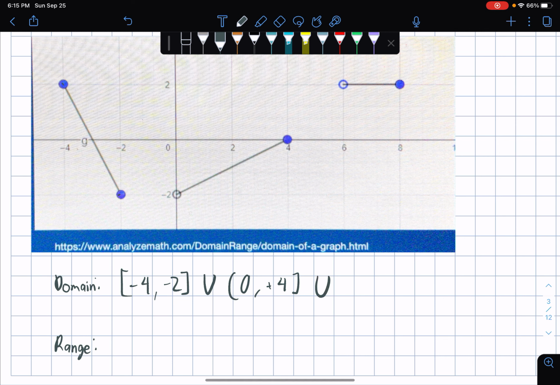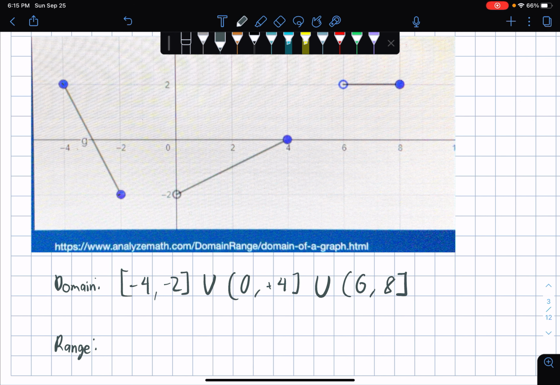And we also place another union, and we enlist the domain of the last line, which is positive 6, positive 8, then bracket. As you can see, these are the hollow points, 0 and positive 6. So they're the only ones encased in a parenthesis. The rest of the constants are encased in brackets. We connect the domains of these lines through the symbol union.